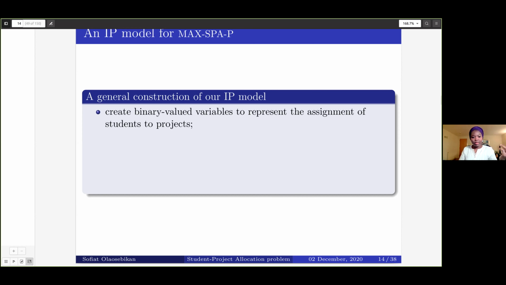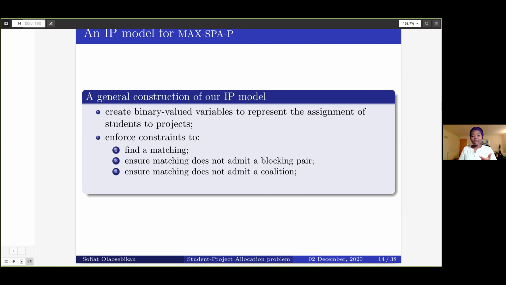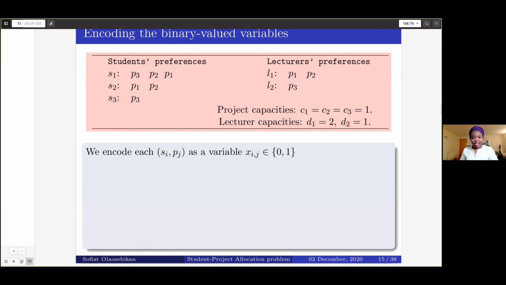For our problem, we created binary variables to mimic the assignment of students to projects. Then we enforced 3 different types of constraints: matching, no blocking pair, and no coalition. And the objective function is just to maximize the size of the matching. I'm going to go through this one by one with a very simple instance, just so you have a feel for what the model looks like.